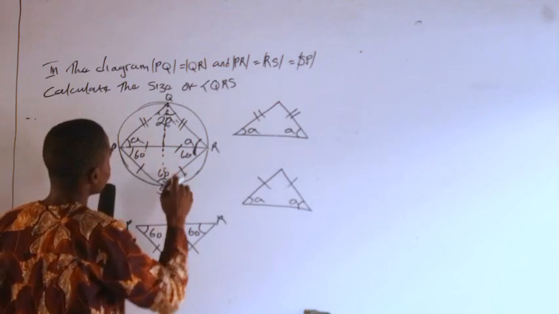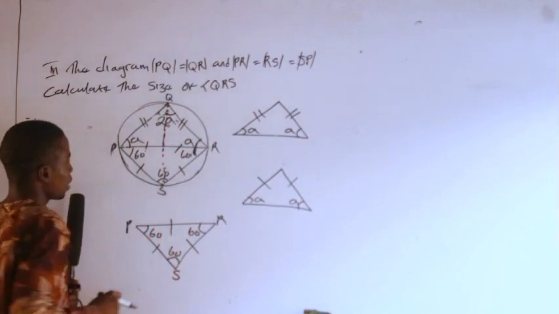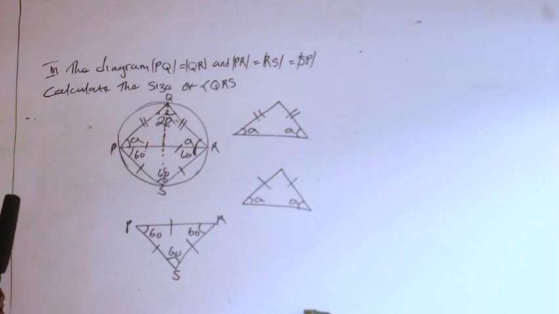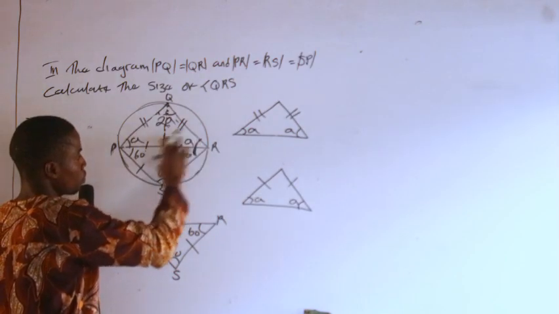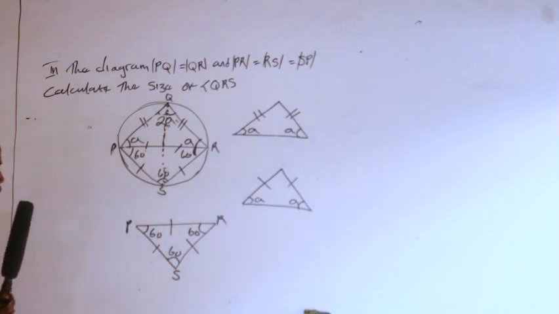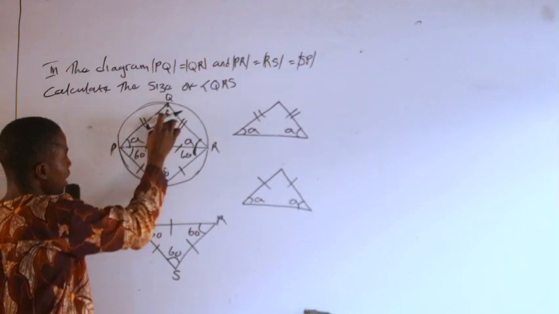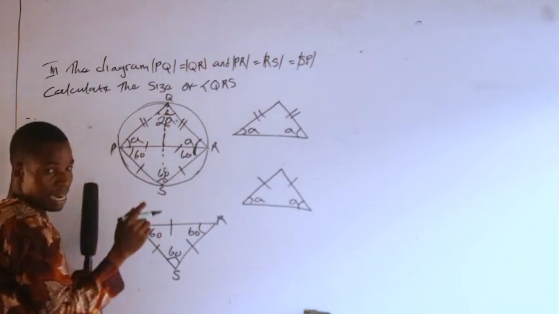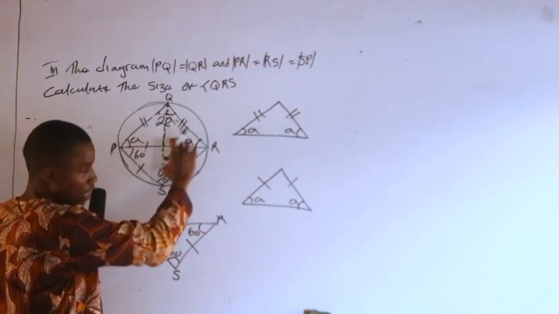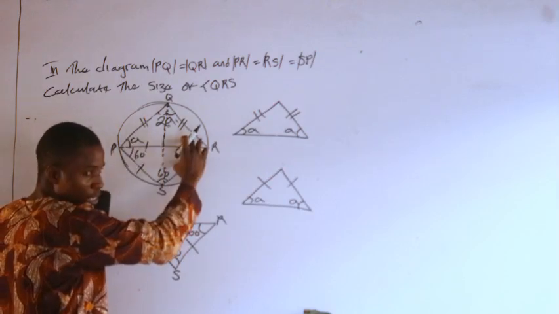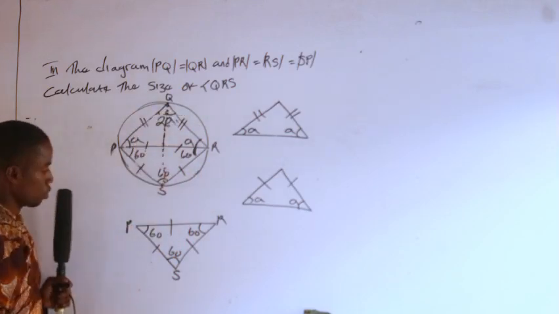They are saying we should find the angle QRS. Look at it. The angle of this place is equal to the angle of this place. Are you hearing me now? How can we get A here? Do you remember the way I told you? The angle of this place is equal to the angle of this place. Are you hearing me now? It will now be what?